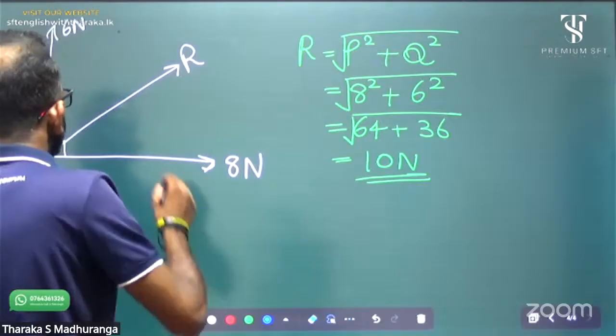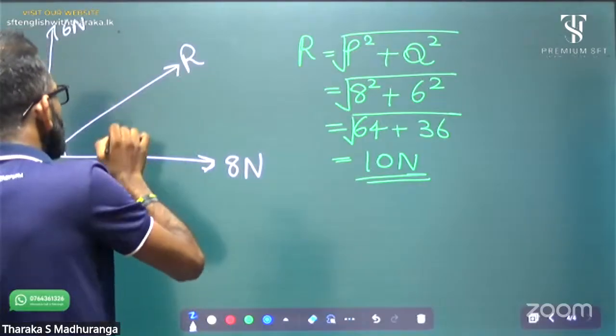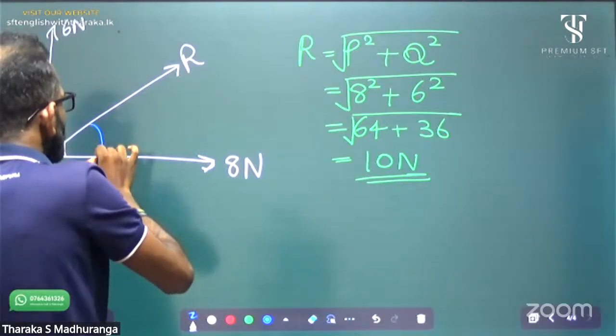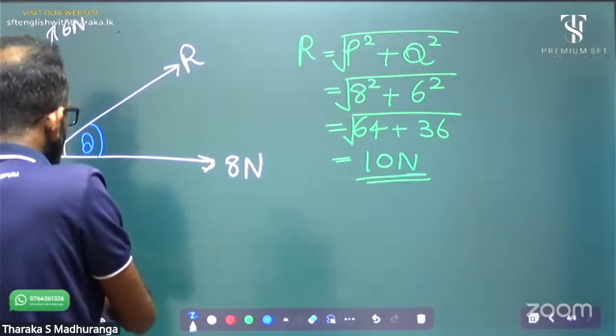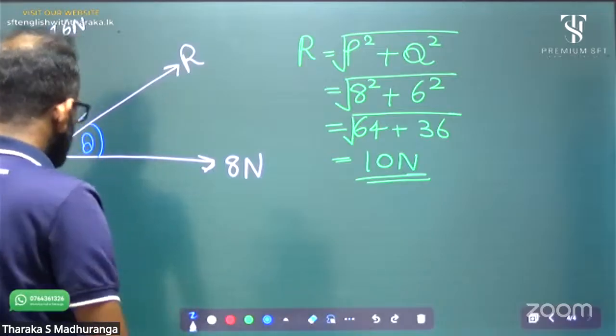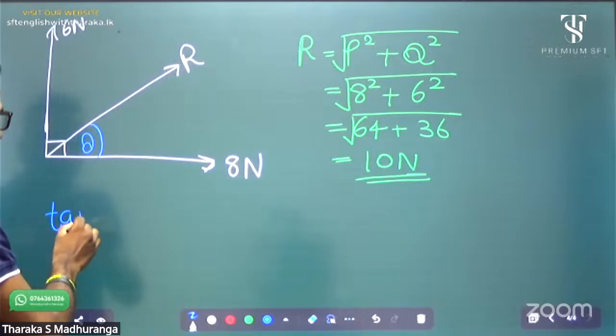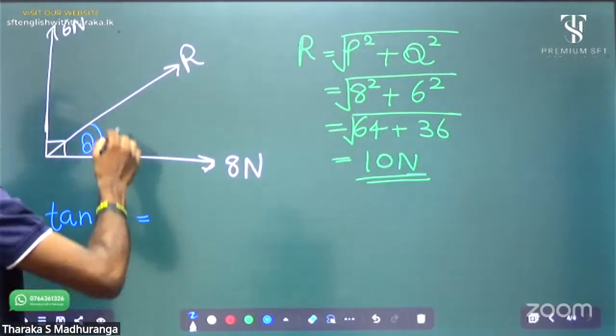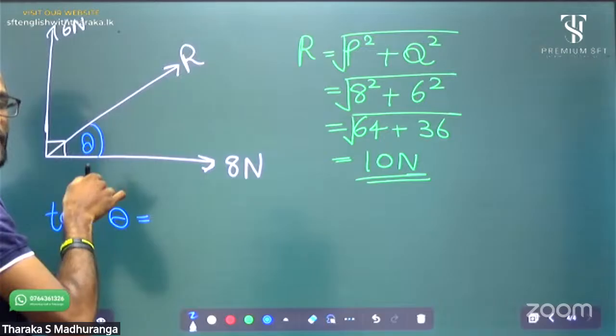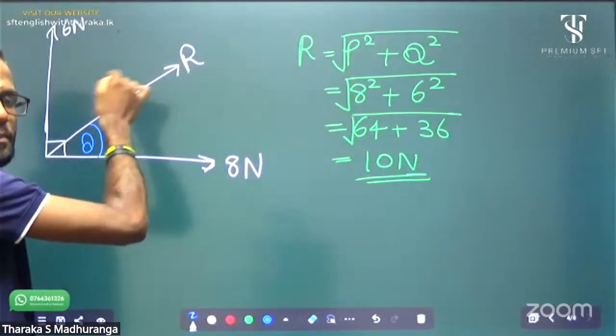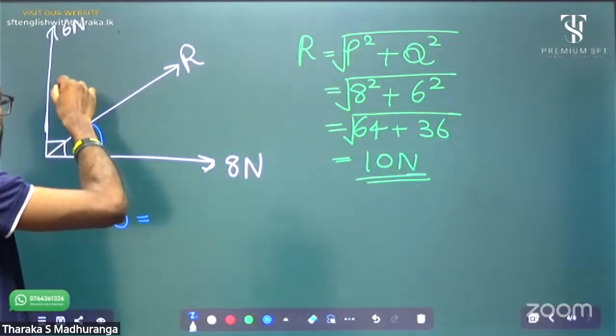Direction. Any angle you can calculate. I am going to take the same angle theta. Now tan theta equals opposite over adjacent. Opposite always means this one.